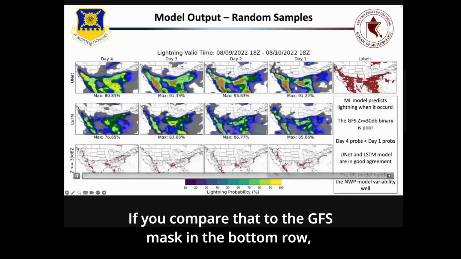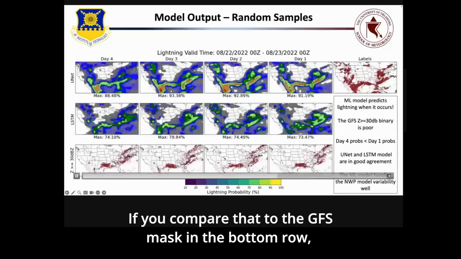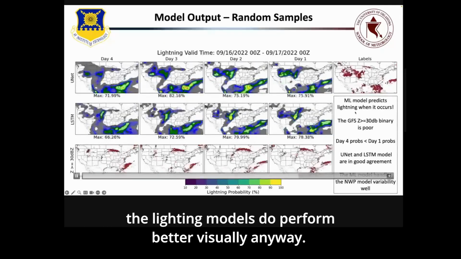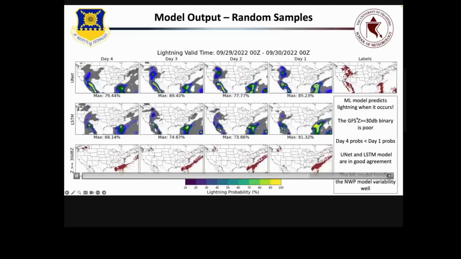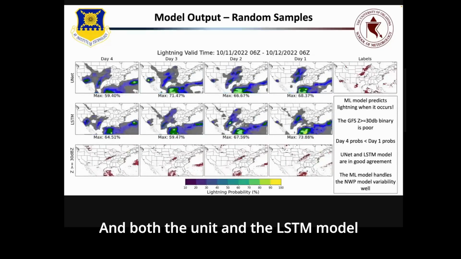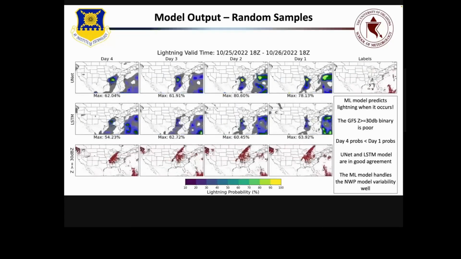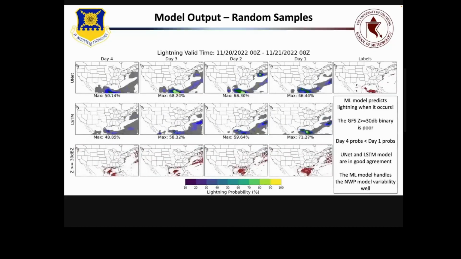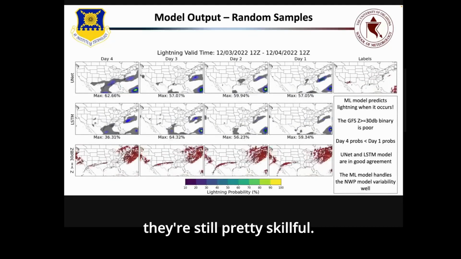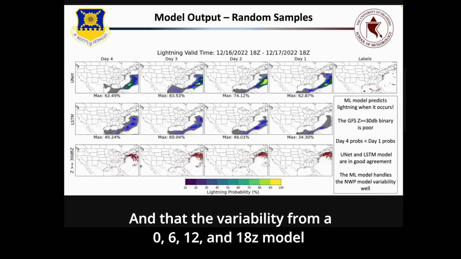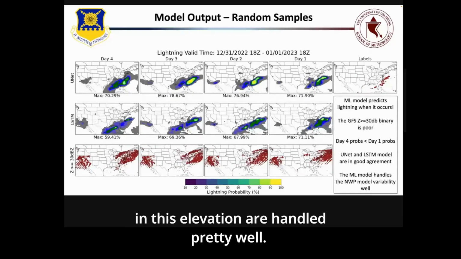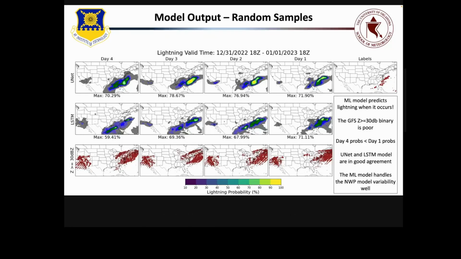If you compare that to the GFS mask in the bottom row, the lightning models do perform better visually anyway, and both the unit and the LSTM model are in fairly good agreement. So comparing a high parameter to a low parameter model, they're still pretty skillful. And the variability from a 0, 6, 12, and 18Z model initialization is handled pretty well.